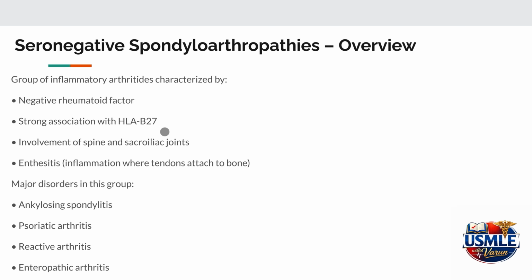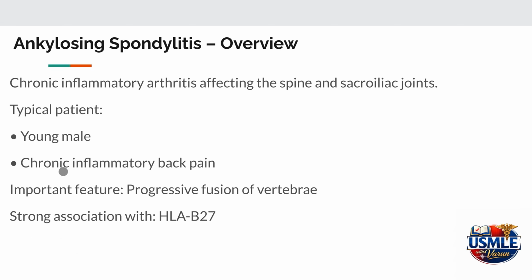These conditions commonly involve the spine and sacroiliac joints, and they frequently cause enthesitis, which means inflammation at the sites where tendons or ligaments attach to the bone. The major diseases included in this group are ankylosing spondylitis, psoriatic arthritis, reactive arthritis, and enteropathic arthritis. Recognizing these shared features helps quickly identify these disorders in exam questions.